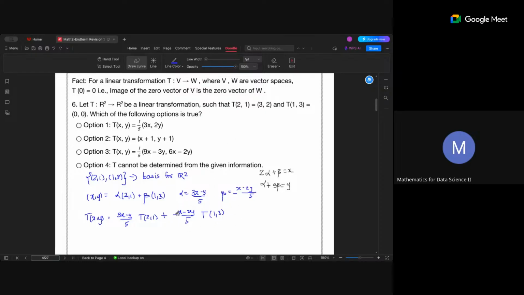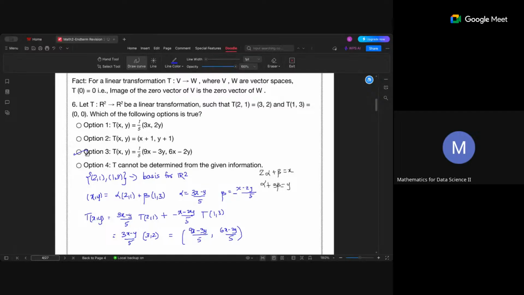So this part becomes 0. So only you have (3x minus y)/5 times (3, 2). So you will get what is the answer? (9x minus 3y)/5 and (6x minus 2y)/5. Right? So which is matching with this answer.